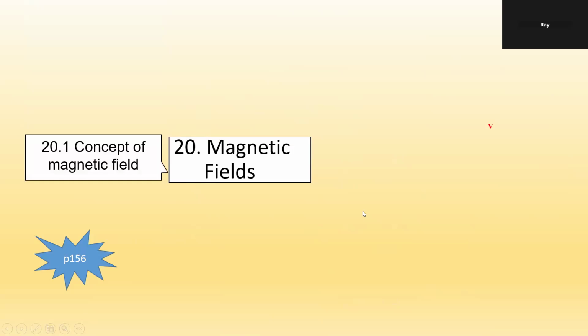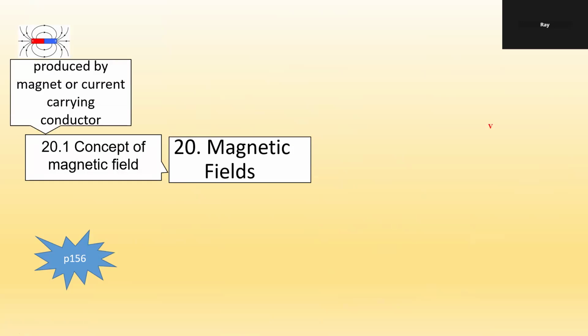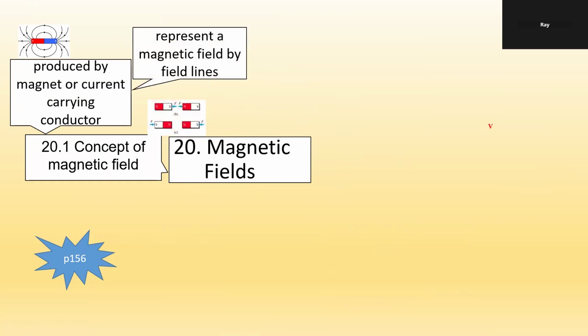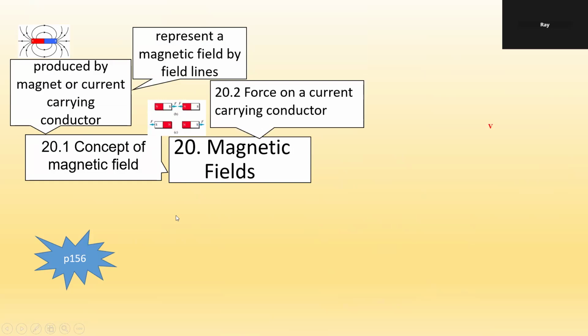Under magnetic field, page 156, concept of magnetic field. How is it produced? Produced by a magnet or current carrying conductor. Represent magnetic field by field lines. You studied this in your O level. Force on current carrying conductor, that's a formula that you need to remember.